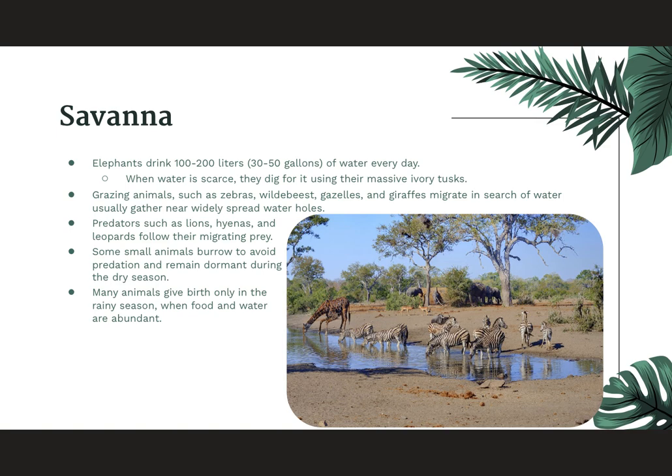Grazing animals such as zebras, wildebeest, gazelles, and giraffes migrate in search of water and usually gather near widely spread watering holes. Predators such as lions, hyenas, and leopards follow their migrating prey. And some small animals burrow to avoid predation and remain dormant during the dry season. Many animals only give birth during the rainy season when food and water stores are abundant.